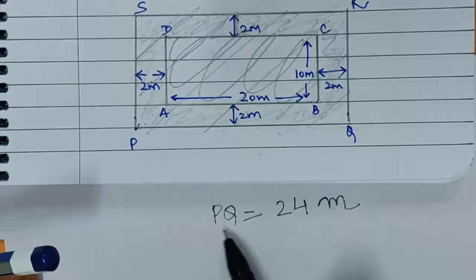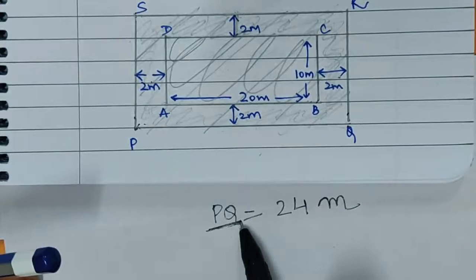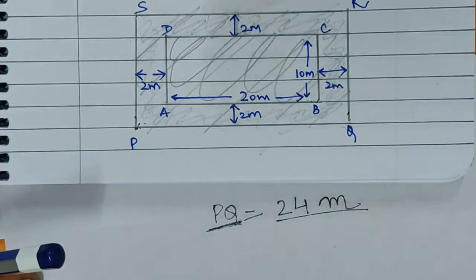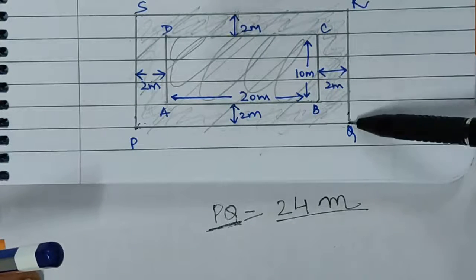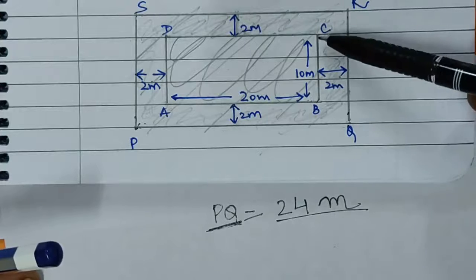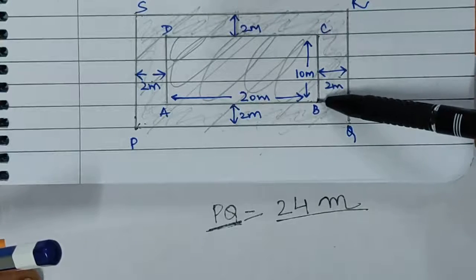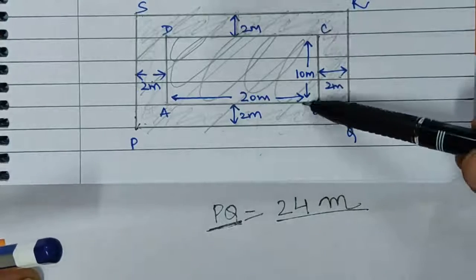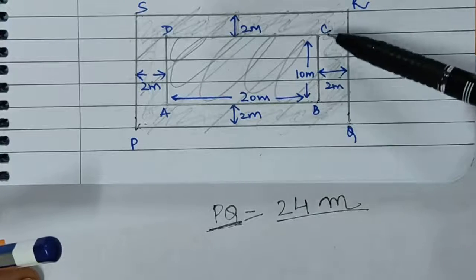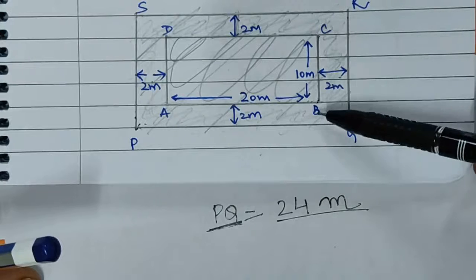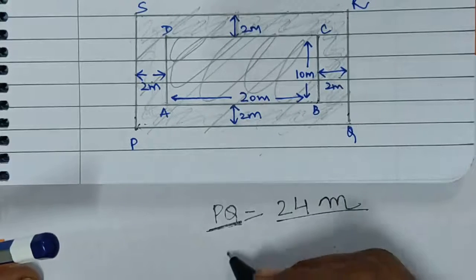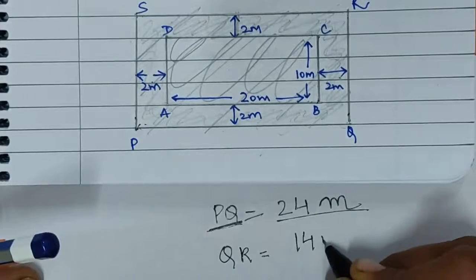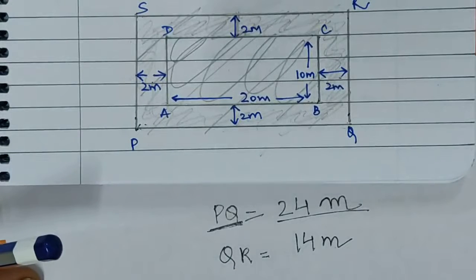So it means PQ will be equals to 24 meters. Now QR. Now this is 10 meter. This is 2 meter plus 2 meter. So 10 plus 2 plus 2 gives us QR is equals to 14 meter.